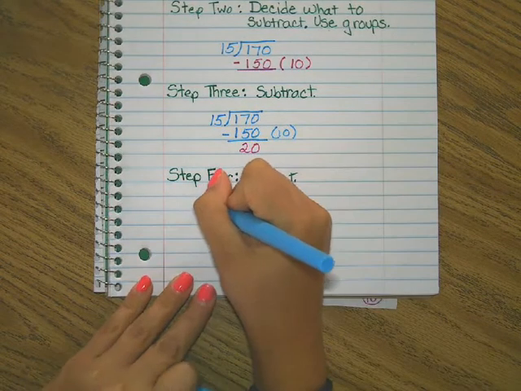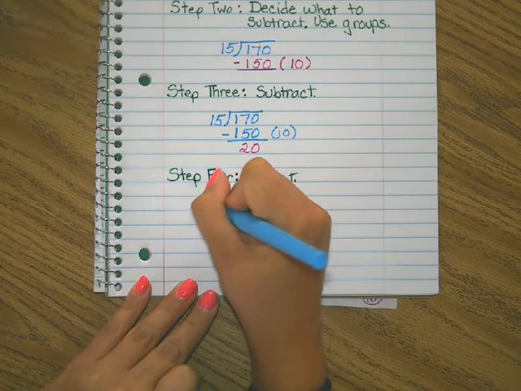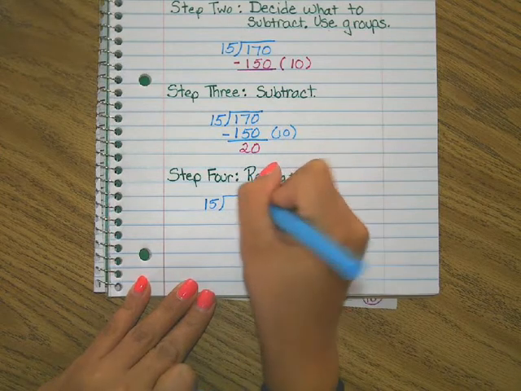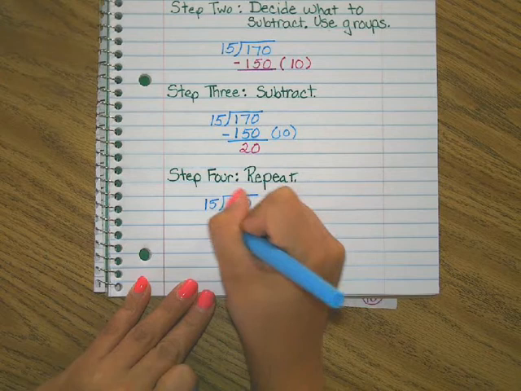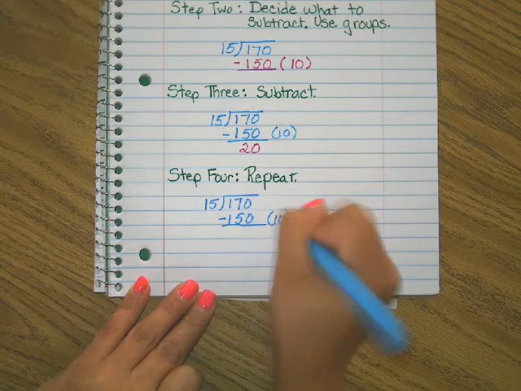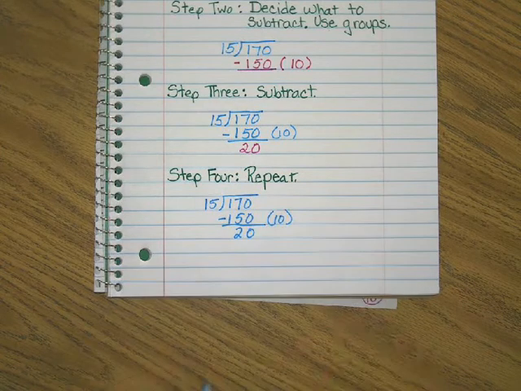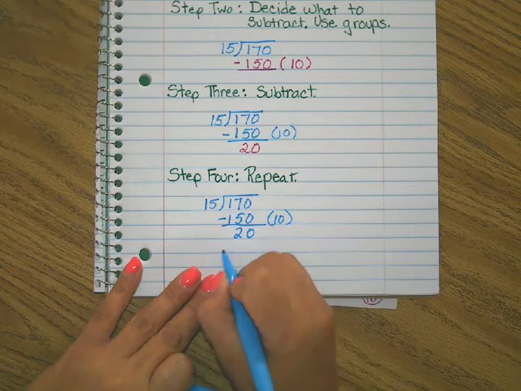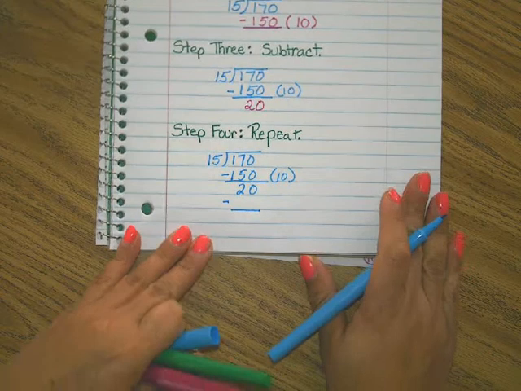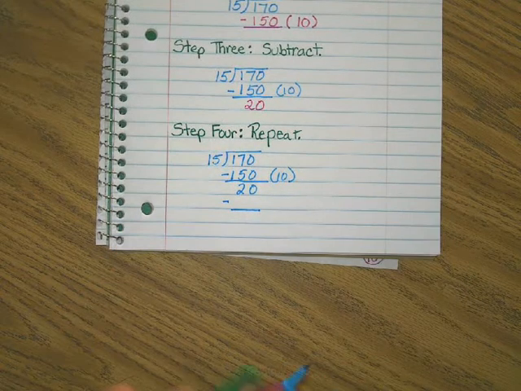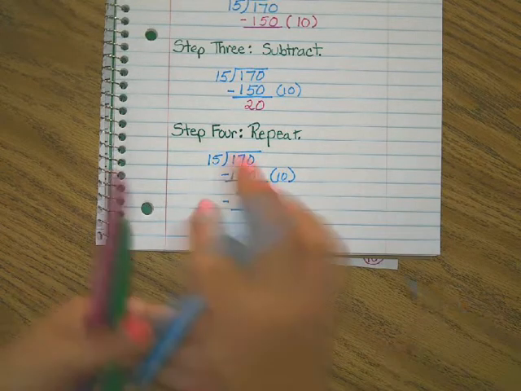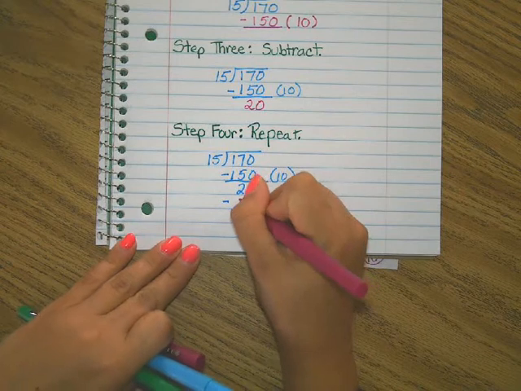Now, I'm going to subtract another group of 15. How many 15s go into 20? Ruby? 1. In this case, I'm just subtracting one group of 15. So I'm putting my 1 in parentheses and then subtracting those. What's 20 minus 15? Max? 5. Can I fit any 15 in 5? No. Then I'm ready for step 5.